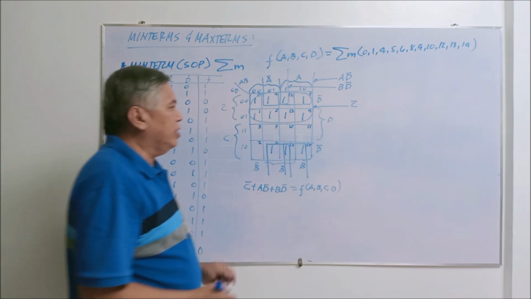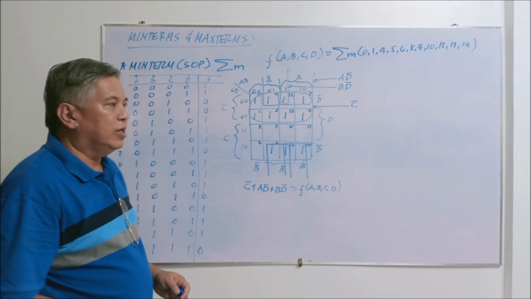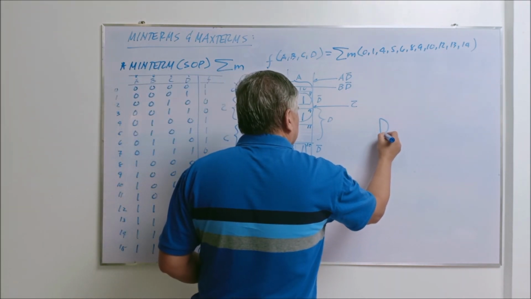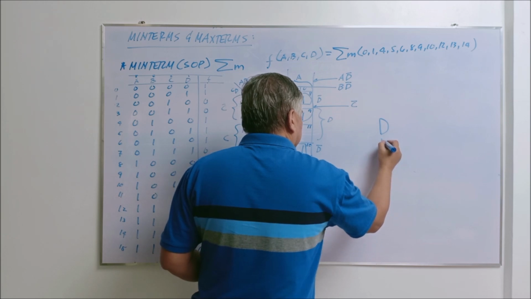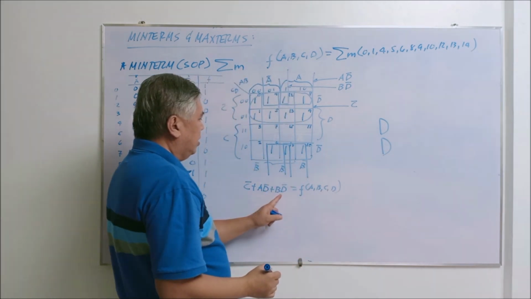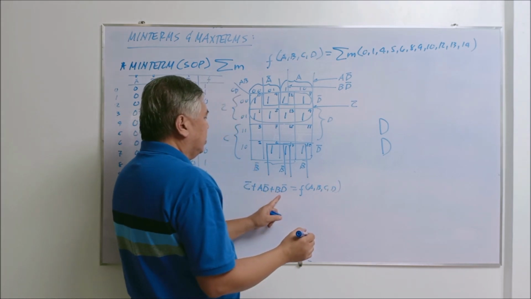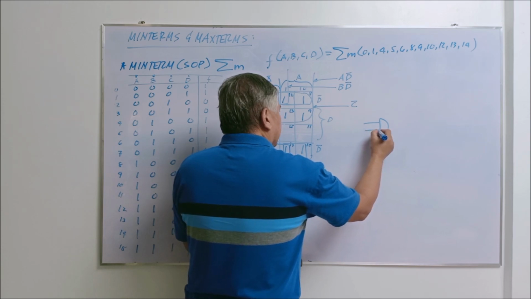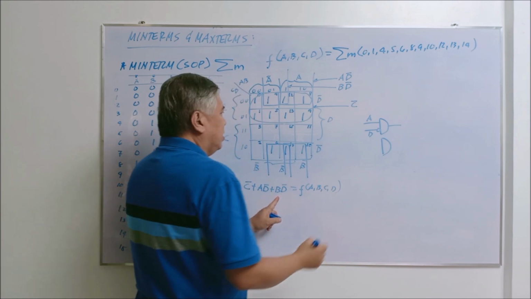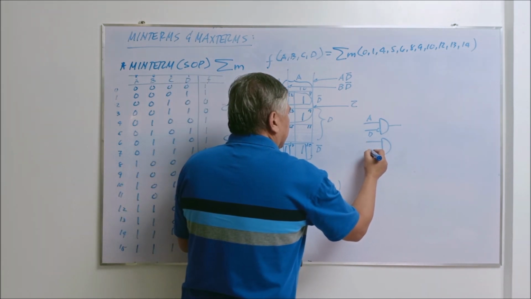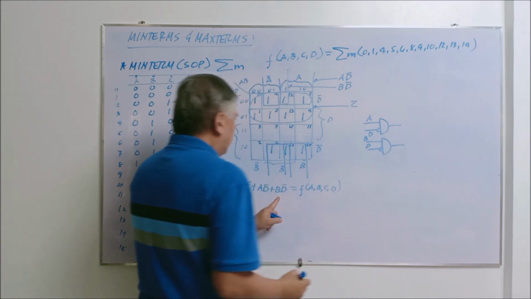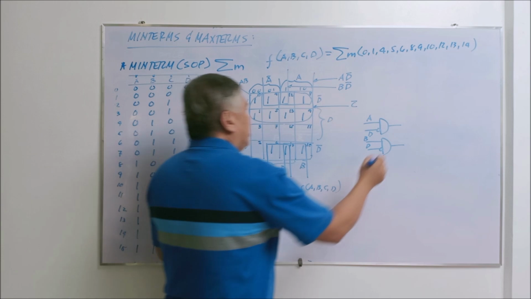So if you want to obtain the logical circuit equivalent, we have two AND gates. This one, A D bar, B D bar. So you have A D bar, then you have B D bar, and they are being OR to C bar.